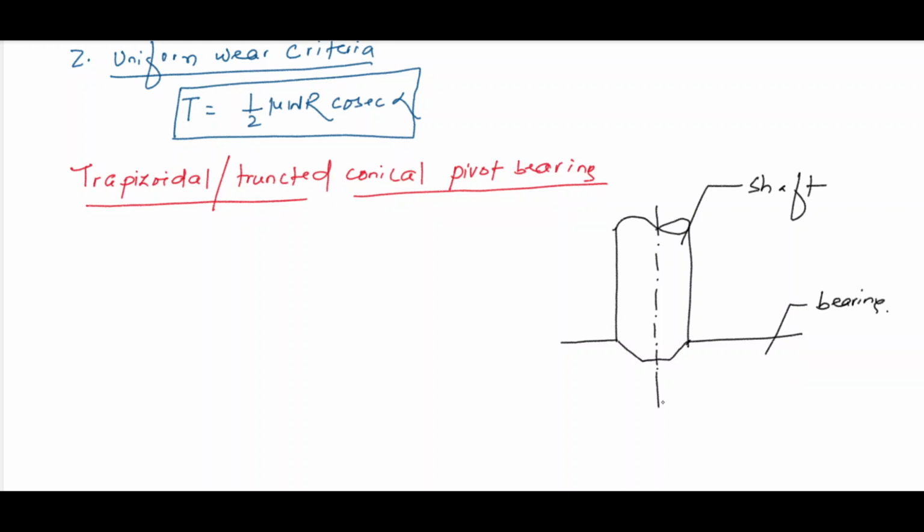Let's say this radius is your R2 and the outer radius is R1.